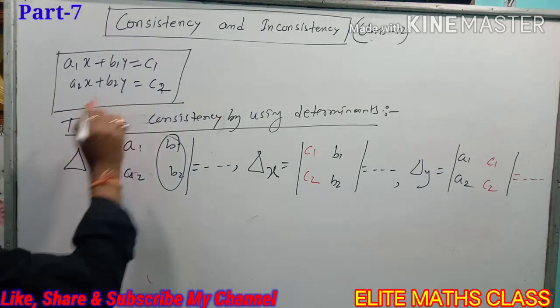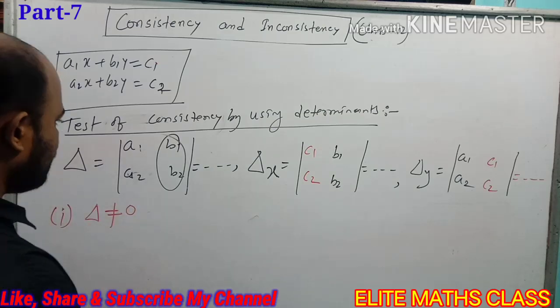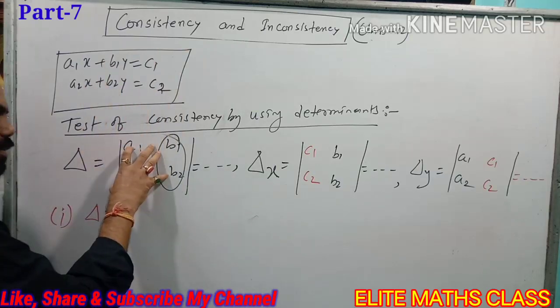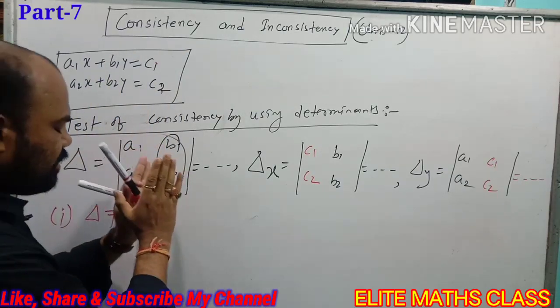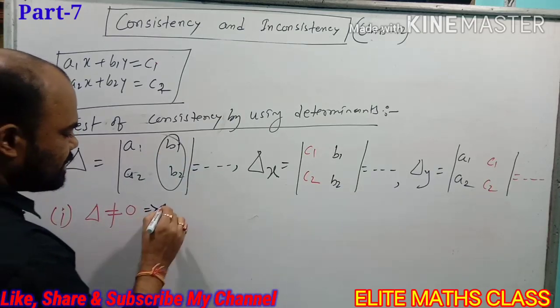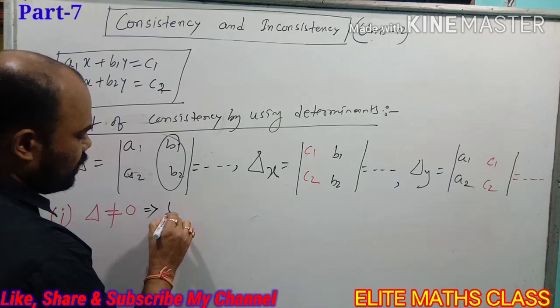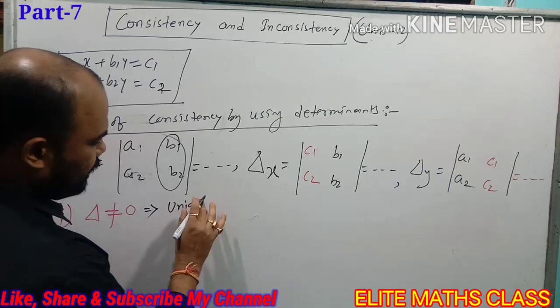Then what are the conditions? First condition: you may get del not equal to 0. That is, first form del, then find the value of the determinant. If this determinant is non-zero, what does it imply? It implies the system has a unique solution.